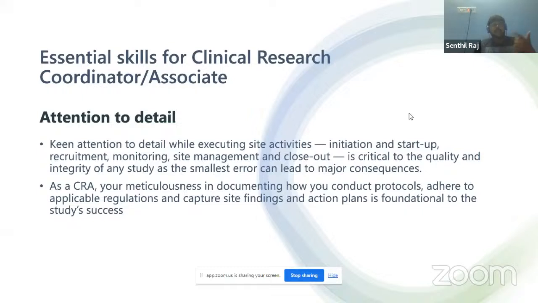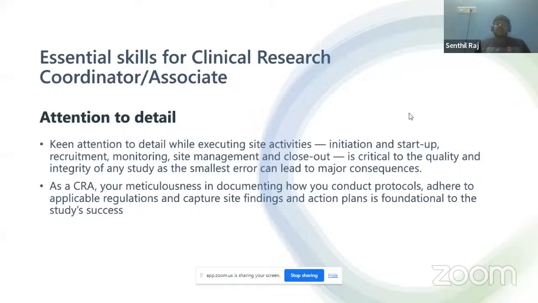We will see whether the site has a doctor or a clinician who can make the participant understand the study well, because he's the only person at the site who is going to communicate about consent. During consent, his role is to educate the study participant or patient, to encourage them to join the study. So we have to identify whether the person sitting at the site is efficient enough to conduct the study.